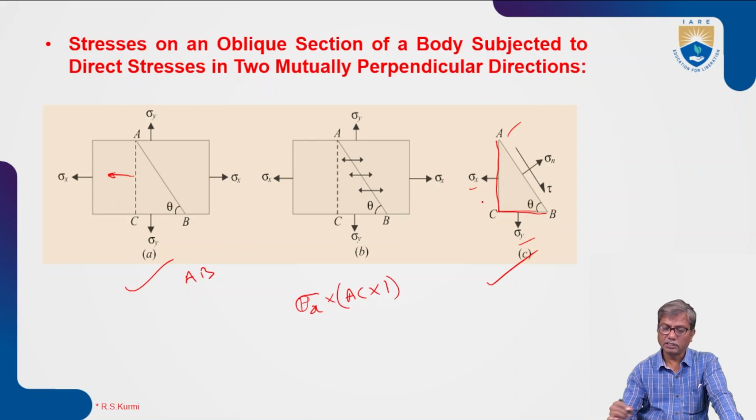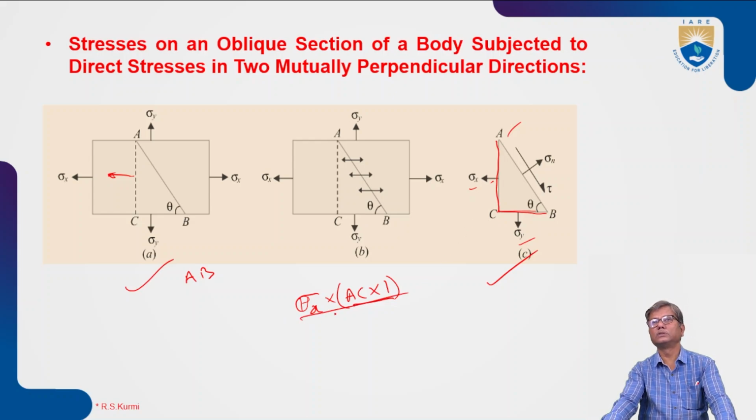Here AC is one dimension and the perpendicular dimension is 1 unit, so AC into 1 will be the area of this face. So the force acting on the face AC is sigma x into AC into 1.